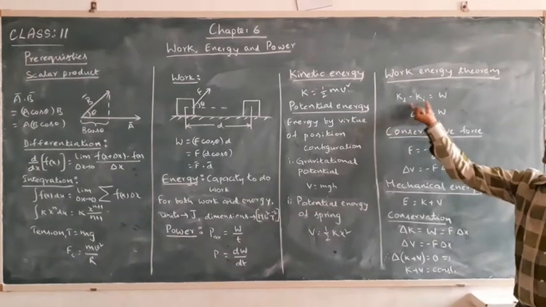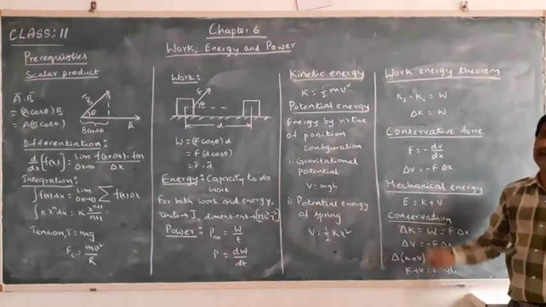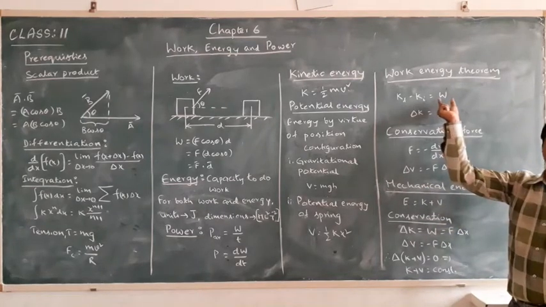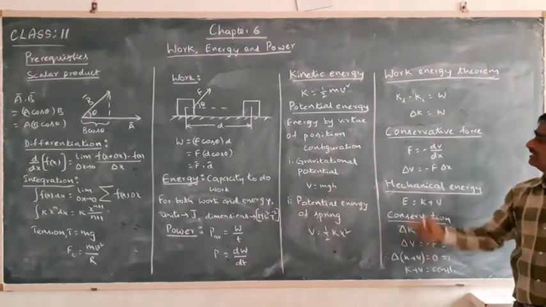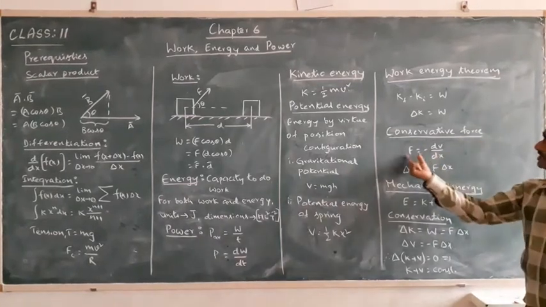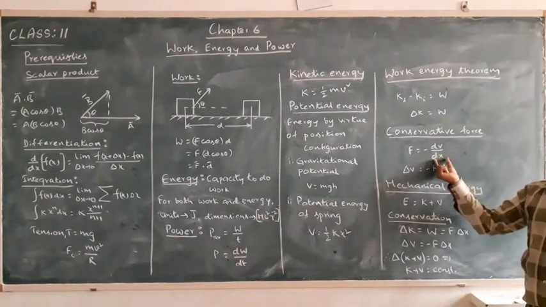The change in kinetic energy is equal to the work done by net forces acting on the particle. Then the conservative force F is equal to minus dV by dx.